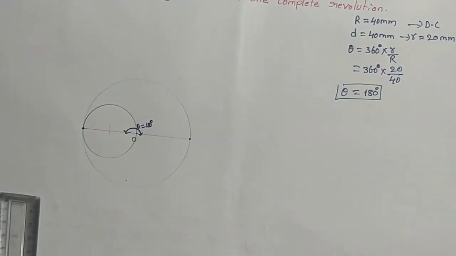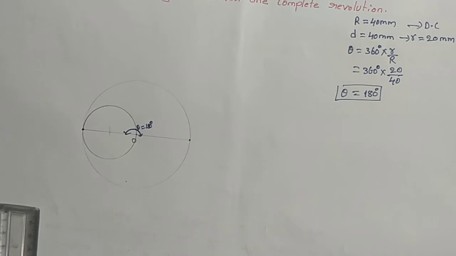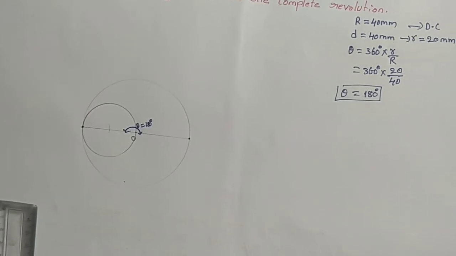Next, divide this circle into a number of equal parts. Now I am dividing the circle into 8 equal parts.